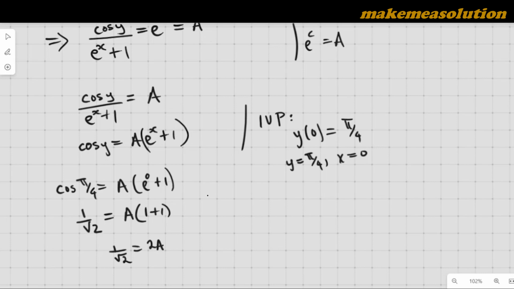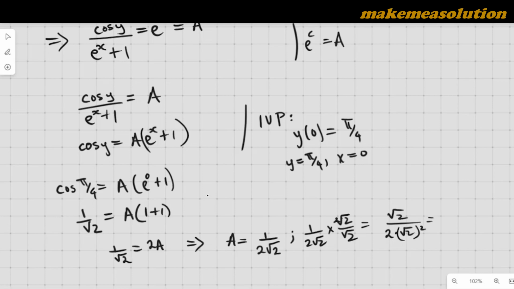So 1 over root 2 equal to 2a means a is equal to 1 over 2 root 2. And if you rationalize 1 over 2 root 2 by multiplying by root 2 over root 2, you're going to get root 2 over 2 times root 2 all squared, which is equal to root 2 over 4.